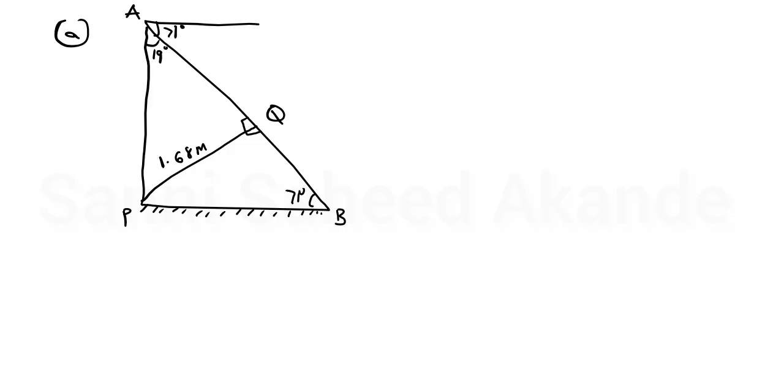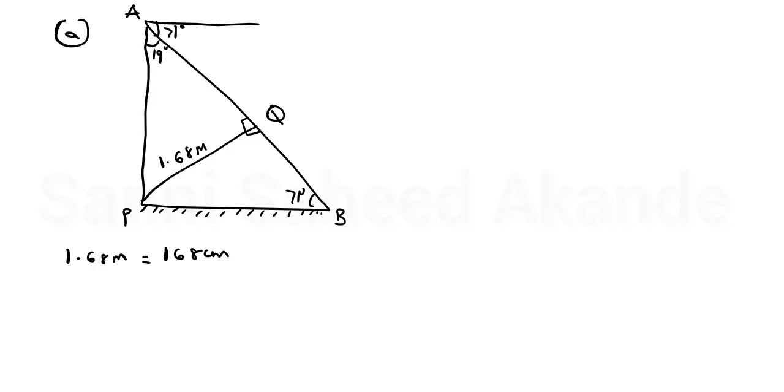But before that, let me convert this 1.68 meters given to me into centimeters, because the question says we should calculate in centimeters. So 1.68 meters will be 168 centimeters. Just multiply 1.68 meters by 100, and that will convert it to centimeters.